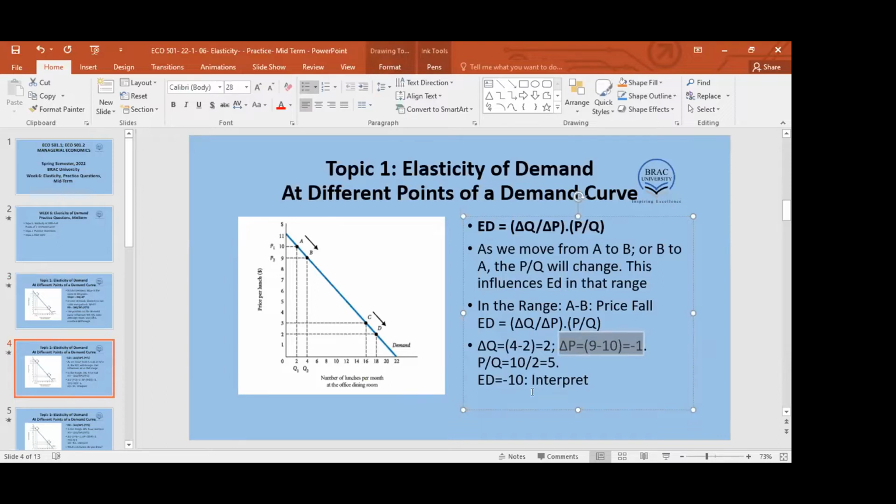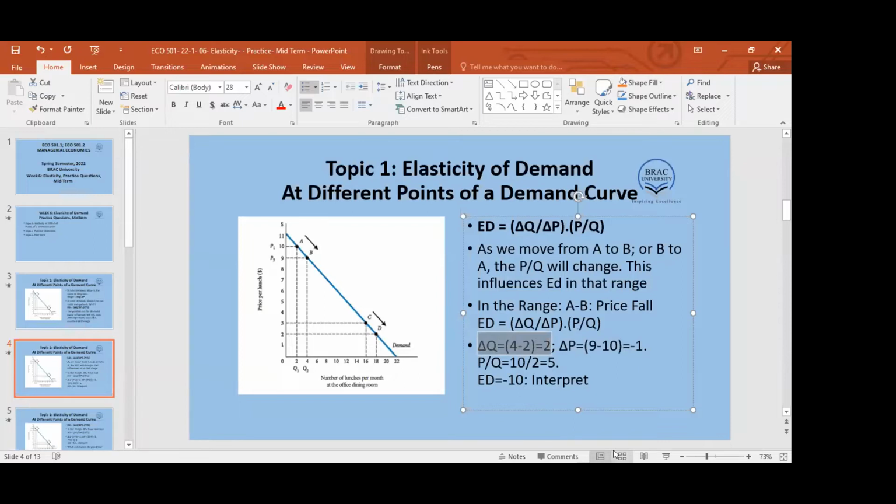Yes. Because we started off with price 10 at A, and at B we end up with price 9. That means last observation minus first observation: 9 minus 10 is minus 1. It has decreased. So the del P is minus. But quantity has increased from 2 to 4. So the del Q is positive. Does everyone understand this?